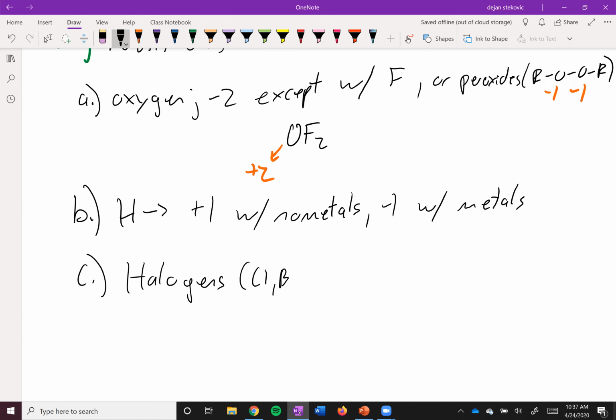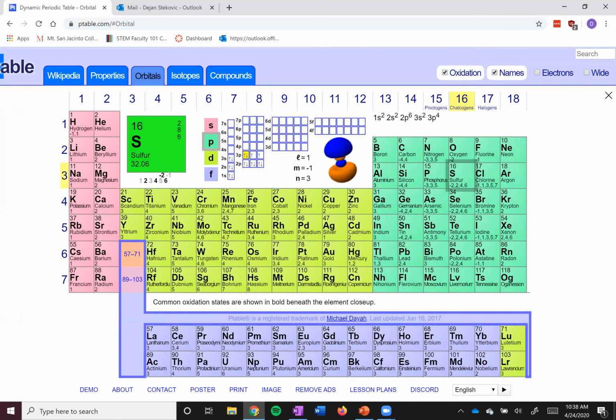So your chlorine, bromine, and iodine are always -1. Fluorine is always -1. The other halogens are -1, except with oxygen. So you guys are advanced enough that you should be able to explain almost all of these oxidation states that you find on pt2.com through the use of having a filled octet or electronegativity.